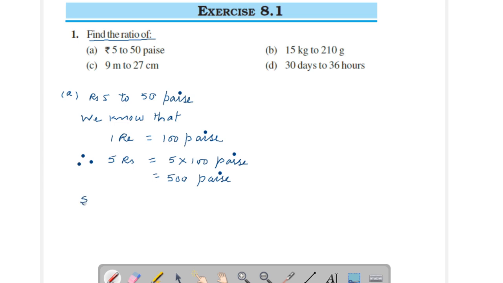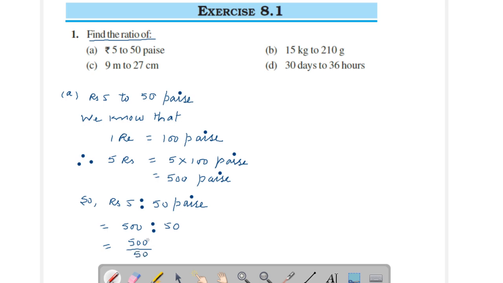So rupees 5 ratio 50 paise can be written as 500 ratio 50, and in fraction you can write it as 500 upon 50.